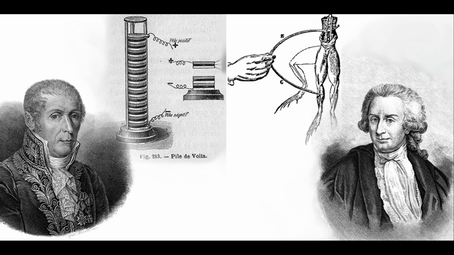It wasn't until the late 1700s, that people started to study bioelectricity more scientifically, starting with the seminal work of Galvani, an Italian physician and physicist who first discovered the frog leg twitch experiment.